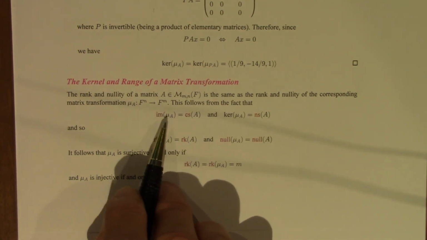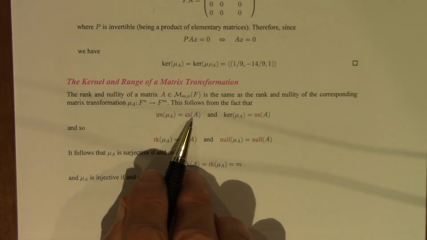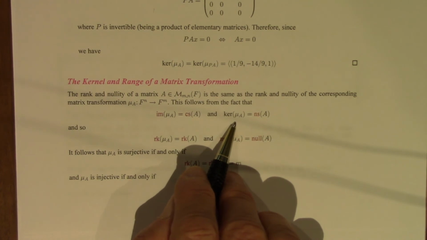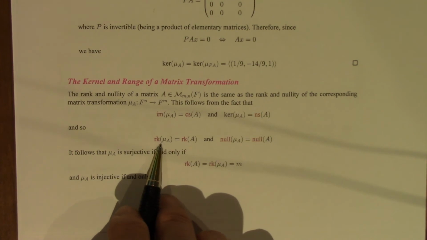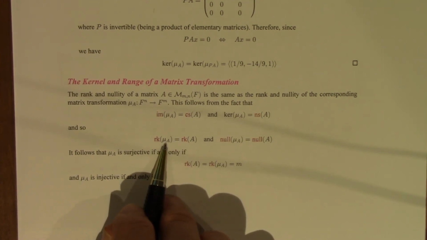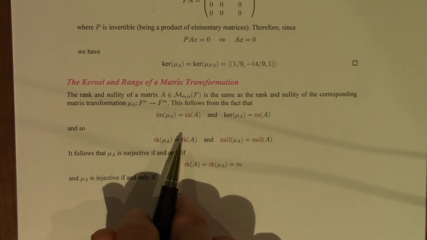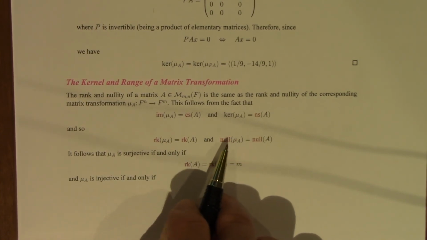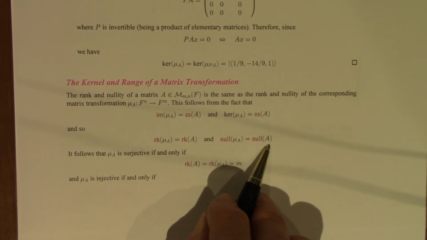But because the image of mu sub A is the same as the column space of A, and the kernel of mu sub A is the same as the null space of A, the ranks of the matrix transformation mu sub A and the matrix A are the same. They're not quite defined the same, but they are equal. And the nullity of mu sub A is the same as the nullity of A.